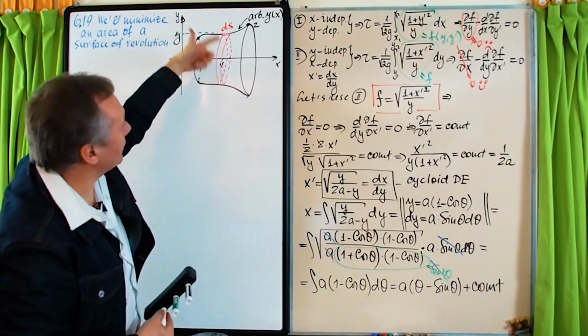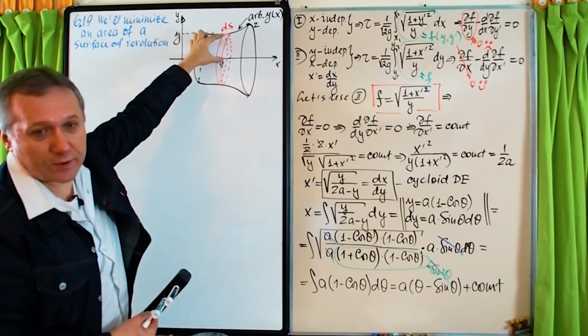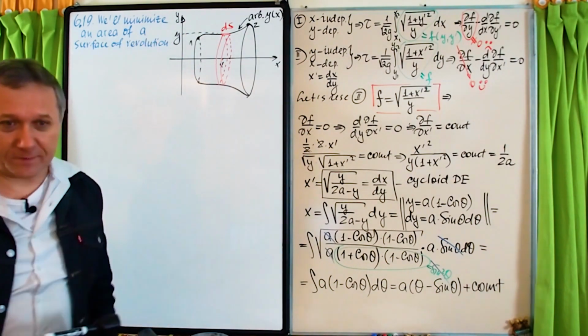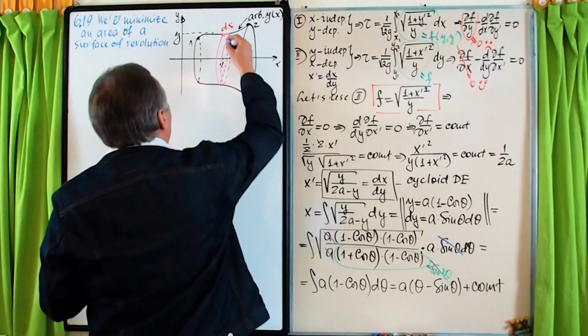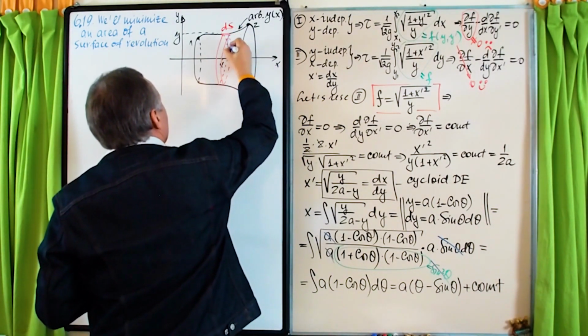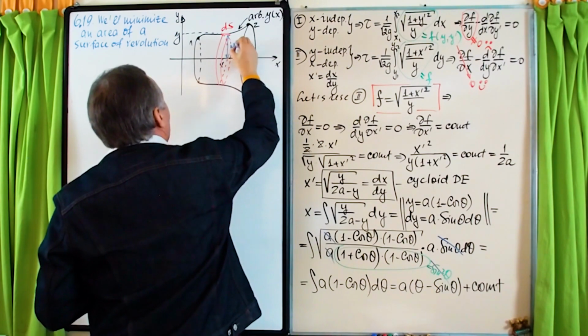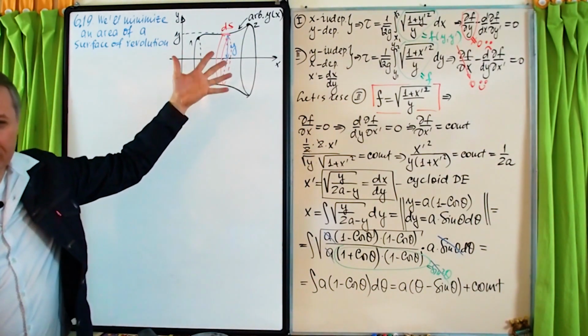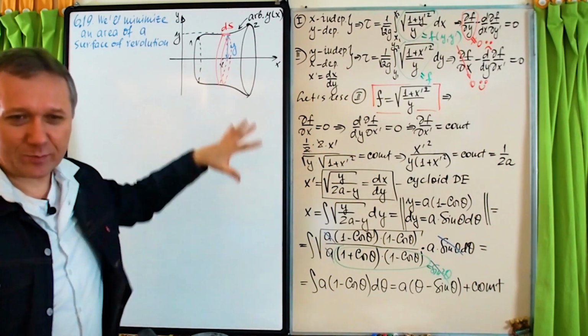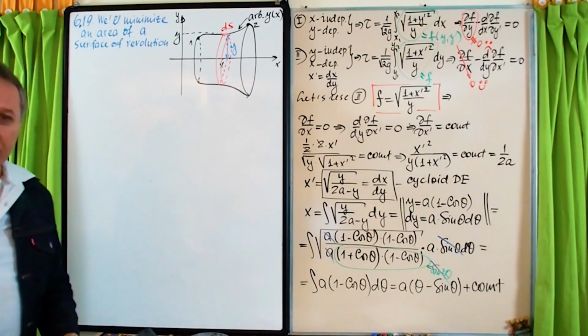Since we're spinning around the x-axis, the radius of this ring is y. So let me show that this is y. That's why I erased those x's and dx's, because I knew that I needed to write all that.